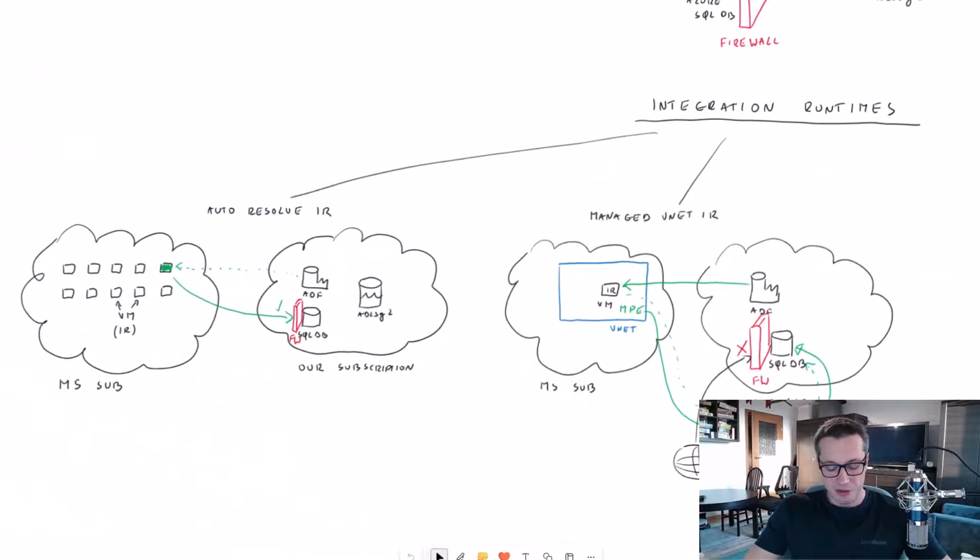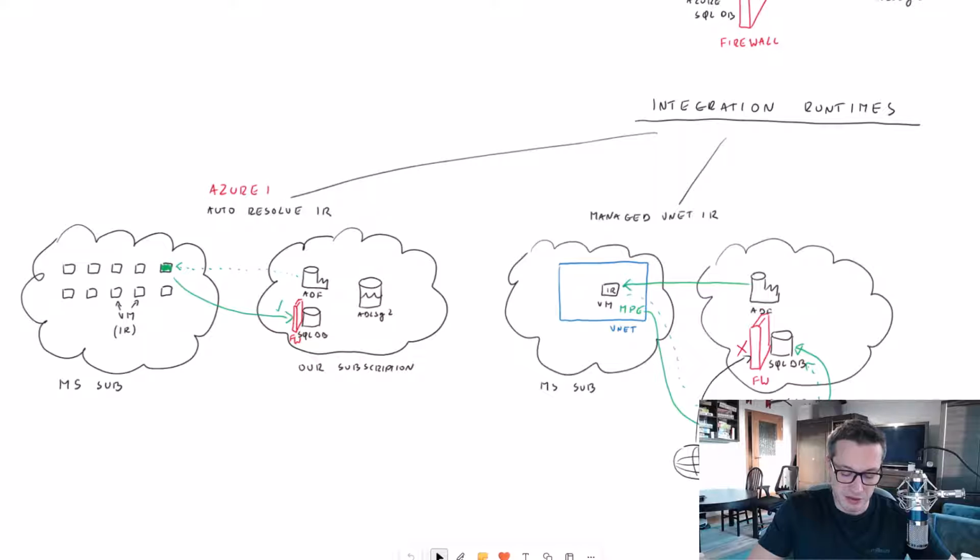Alright, now before we go even further, let's revisit our diagram from the previous episode, because I would like to clarify something. So previously, I talked about those two types of runtimes that I called the first one auto-resolve integration runtime and the second one managed VNet integration runtime. And to be precise, I should call them Azure integration runtimes because that's the official name that is used.